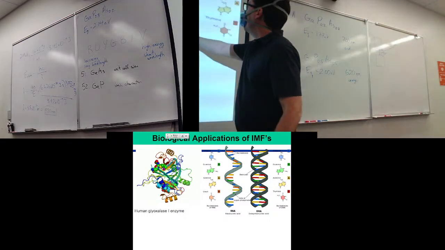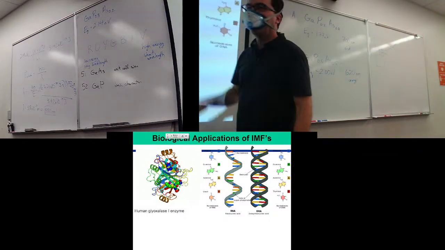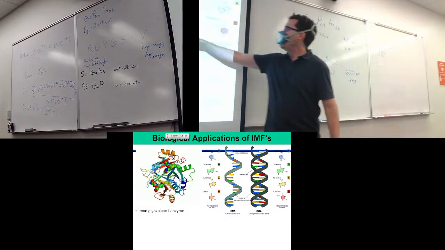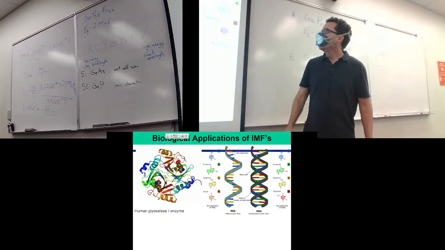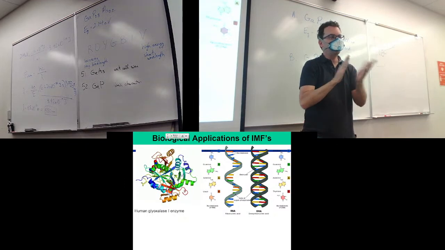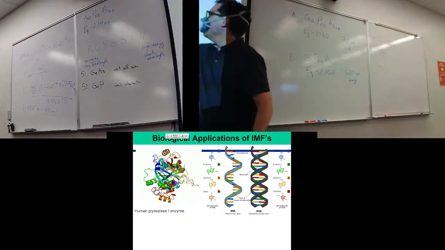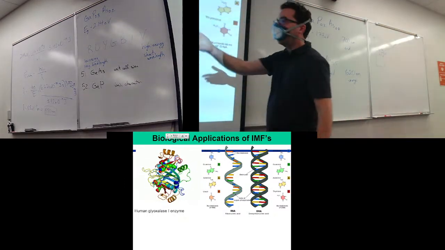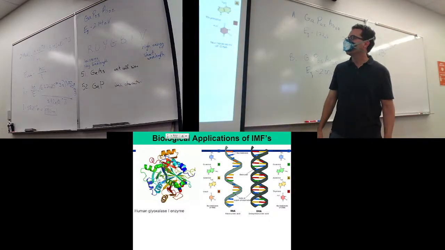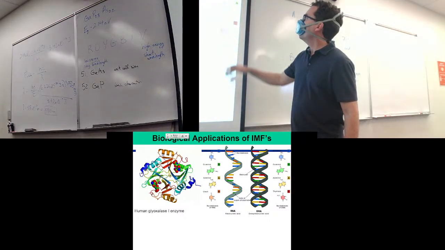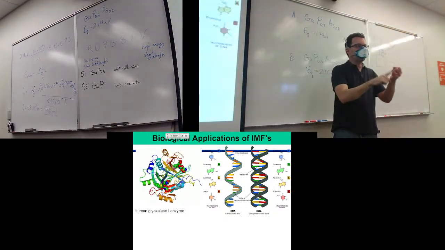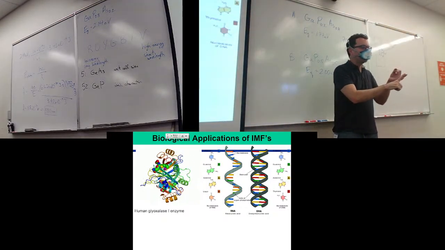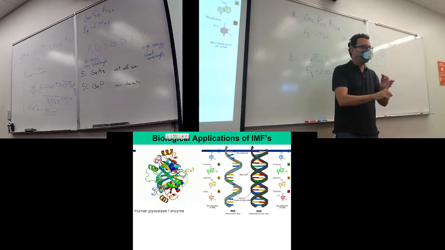DNA, the backbone is all covalent bonds, and the base pairs are tied to the backbone using covalent bonds. But how do the two helices bind together? There's two strands, right? Hydrogen bonds, which are a type of intermolecular force. If you've taken any bio, adenine and thymine go together, guanine and cytosine go together.